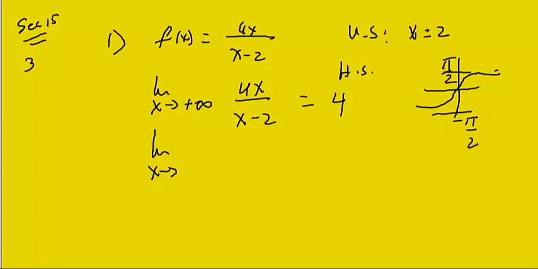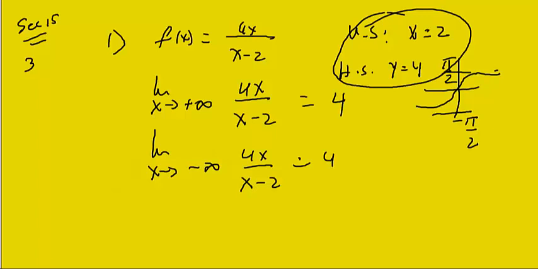So it could have two different horizontal asymptotes. So for negative infinity, you got to check that also. It just so happens it is exactly the same. So the horizontal asymptote is y is equal to 4, and this is your justification.